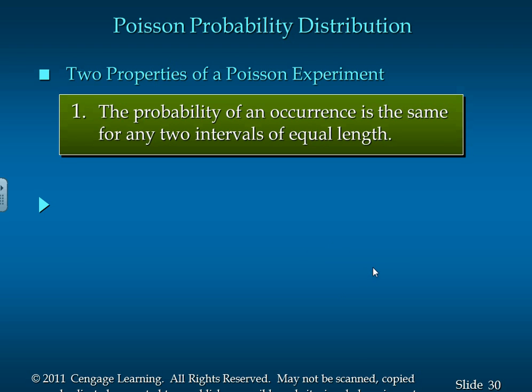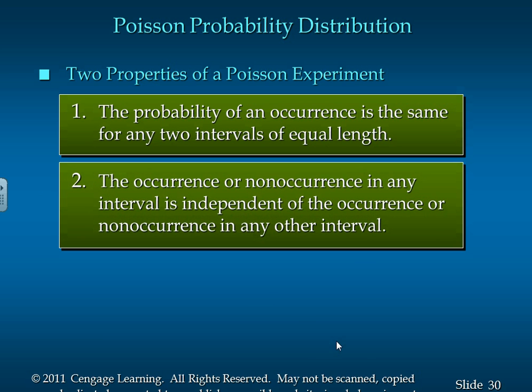Okay. So for the next, the number of people coughing in the last half hour and the number of people coughing in the next half hour, the probability should be the same. We shouldn't have changed our behavior in that regard. The occurrence or non-occurrence in any interval is independent of the occurrence or non-occurrence in any other interval.